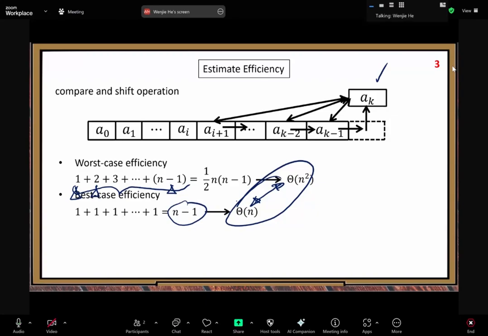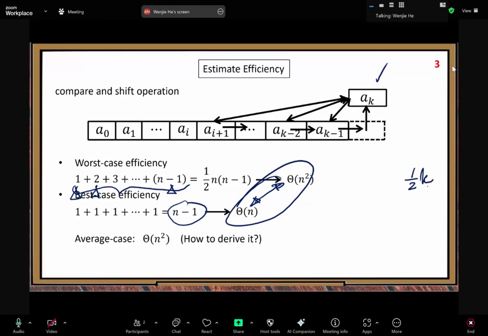After that, we need to consider the average case. To consider the average case, we can consider the average case for each insertion step. Remember in the previous slide, we said 1/2 times k.